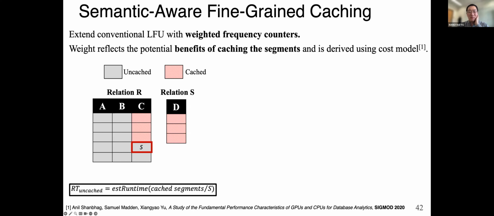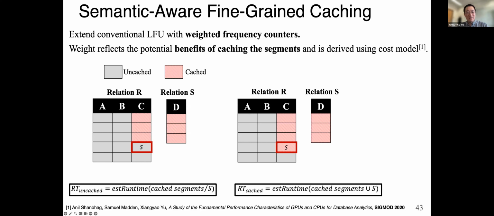This model comes from the Crystal paper, where if this segment is not cached, we model the runtime assuming that execution is going to saturate memory bandwidth. It's a very simple model, very easy to compute. It's not going to be super accurate because it assumes you always saturate memory bandwidth, but in the Crystal paper we found that it is pretty accurate, at least for the Crystal library.